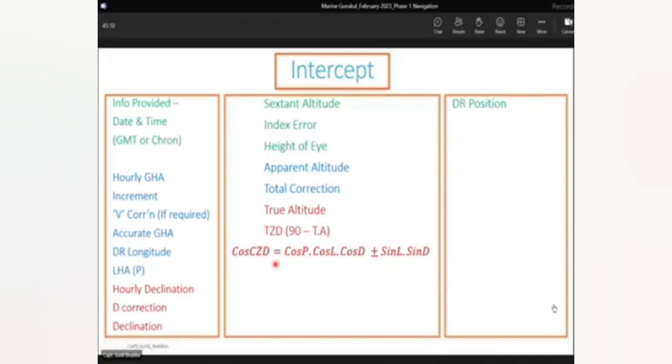So when we use the formula to calculate the zenith distance of a body, it is known as CZD. The C standing for calculated tells us that this zenith distance has been obtained using the formula and it is not from a sight or observation.